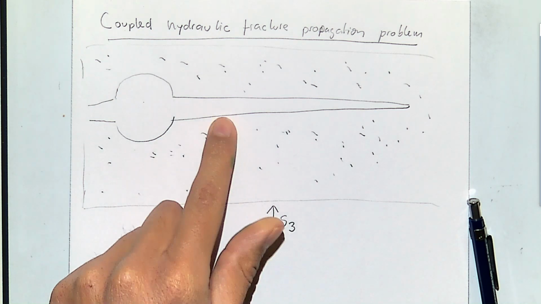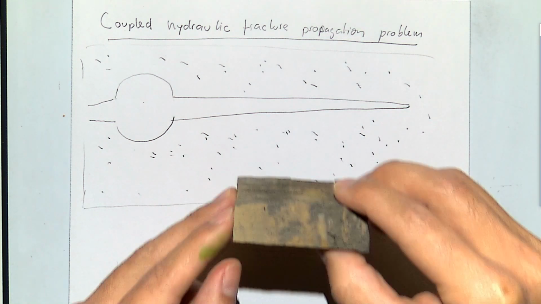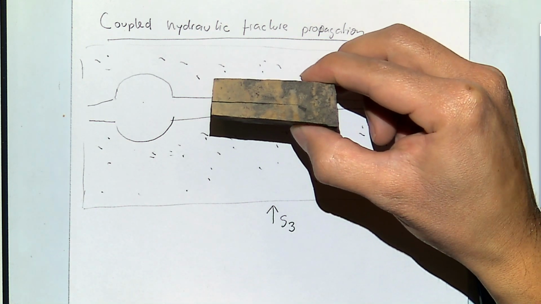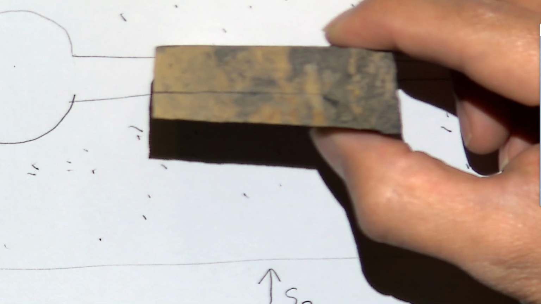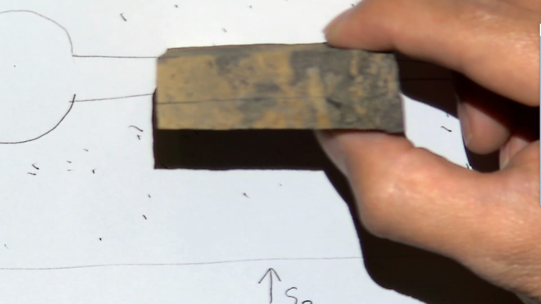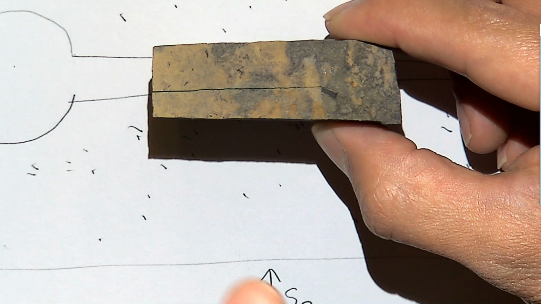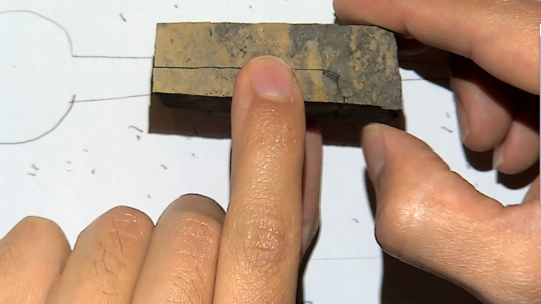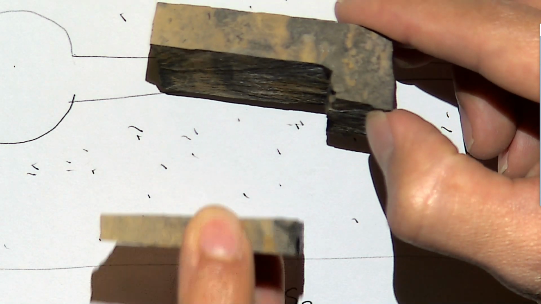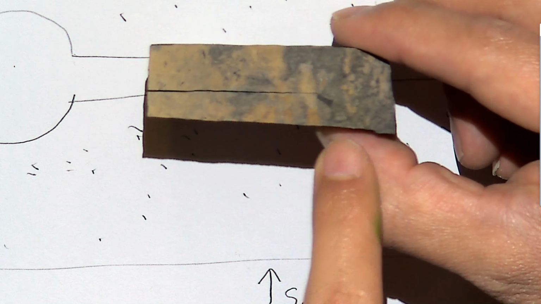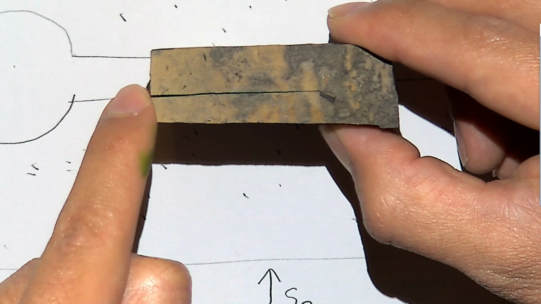So I made my fracture very fat here, but just to let you know, in this case, these fractures look a lot thinner, and it should be something a lot closer to what I have here in this small fracture in a shale sample. So again, we're just looking at the cross section, and as a matter of fact, this is going to be a plane that goes all the way inside the rock, and this point is going to be the tip of the fracture, and it starts somewhere over here.